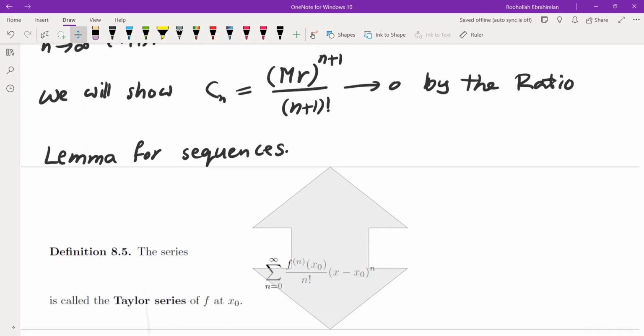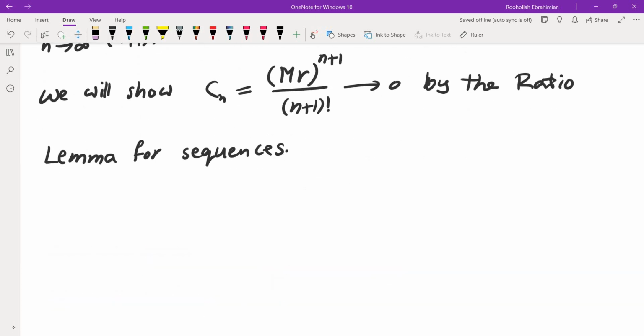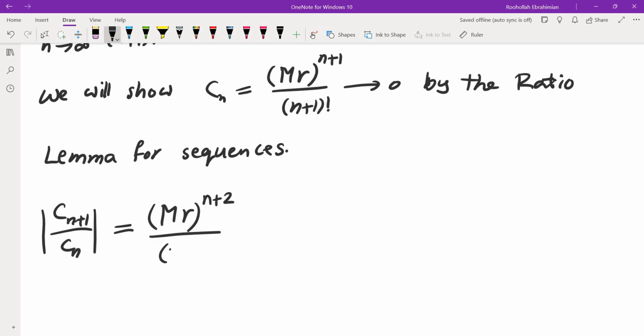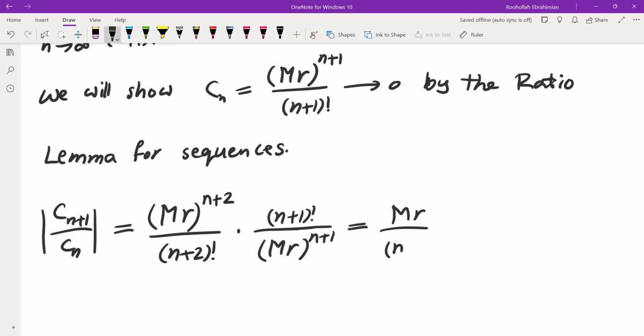Ratio lemma for sequences was you take the sequence and you take the ratio of the consecutive terms, so Cn plus 1 over Cn, and then you take the absolute value. This would be mr to the power of n plus 2 over n plus 2 factorial multiplied by n plus 1 factorial over mr to the power of n plus 1, and that's mr over n plus 2.